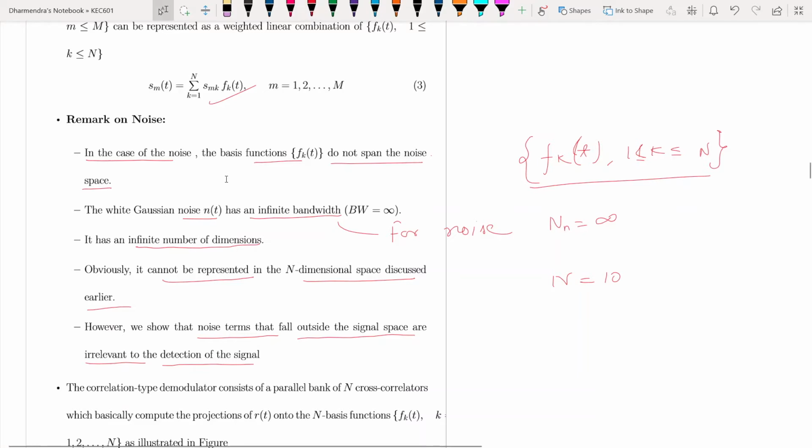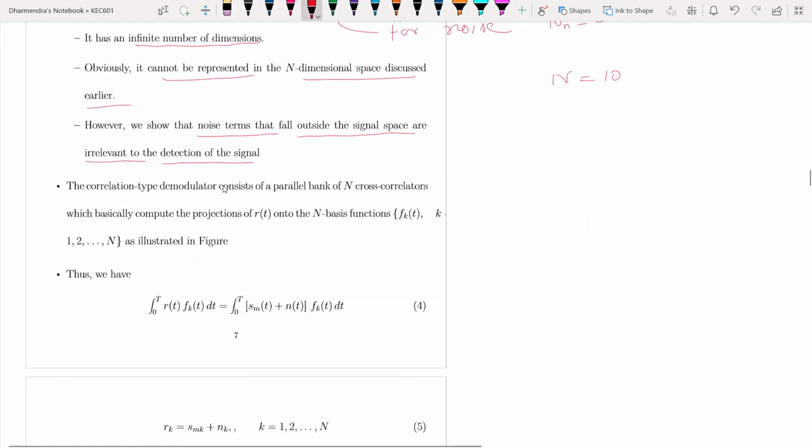The correlation type demodulator consists of a parallel bank of N cross correlators which compute the projection of r(t) on the N basis vectors as illustrated.